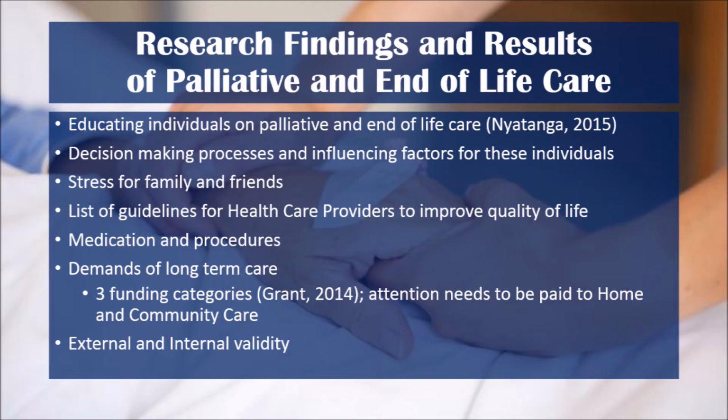Included in the article, there is a list of guidelines for healthcare providers to improve the quality of life for palliative patients while outlining medications and procedures depending on the situation that may arise. Such clear guidelines are crucial as they reduce excessive medical interventions and play a greater role in focusing on patients' comfort and symptoms.